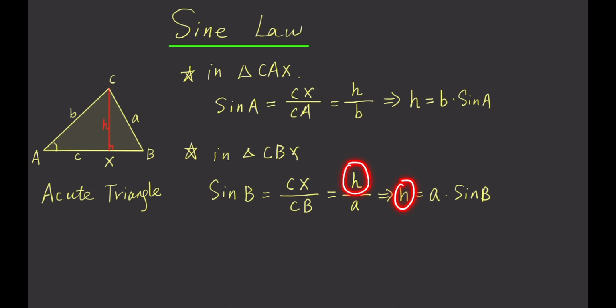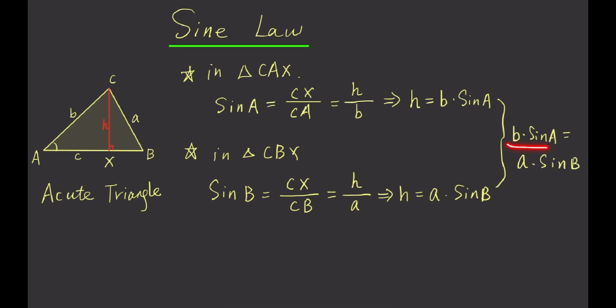Here, H equals this denominator times the quotient. Okay, we get this one and this one. This H is just like a bridge, so we can get this one equals this one. We get B times sine A equals A times sine B.